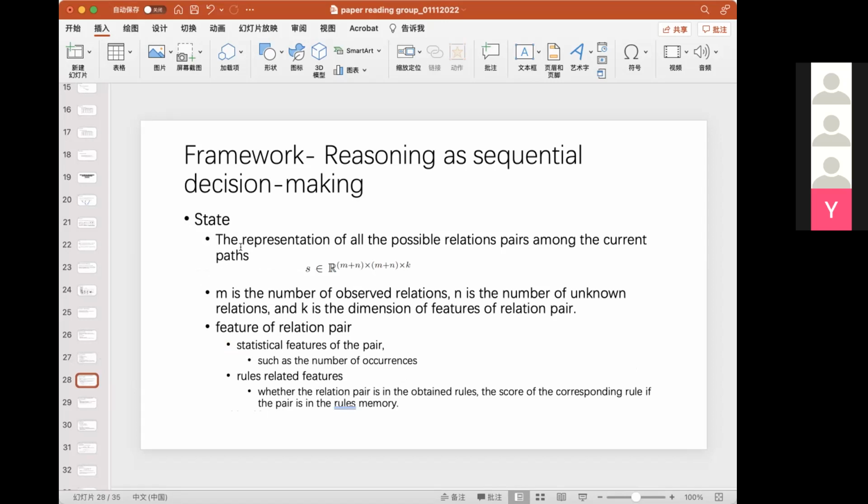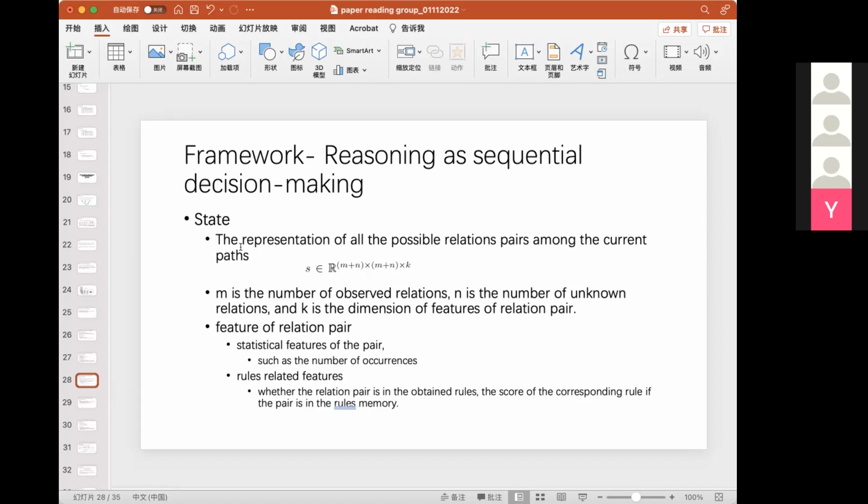Yes. Like they are placeholders, right? So how can we get information for them? That is a good question. Like for example, in your RNNLogic, you just utilize one unknown relation, and they utilize n. How do it?